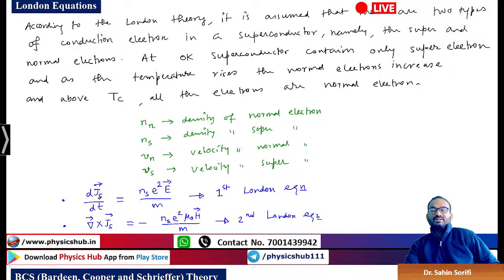It depends whether it is super electron or normal electron. But electric field and magnetic field are externally applied, so there is no relation with super or normal. Get it?